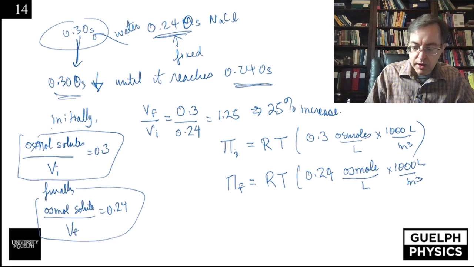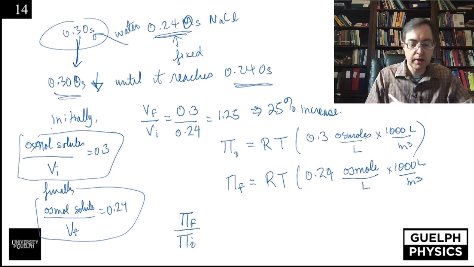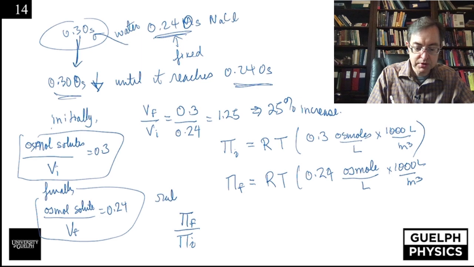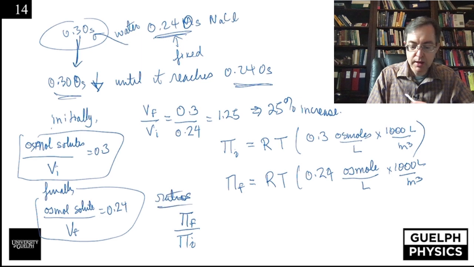And then all you have to do is divide the final osmotic pressure by the initial osmotic pressure and use ratios to solve this problem, okay? The RTs will cancel and you'll just get 0.24 over 0.3, okay?